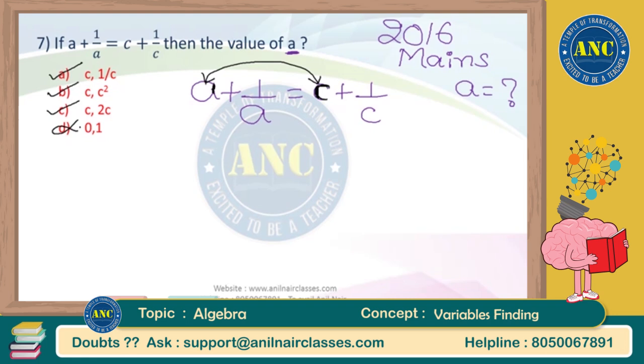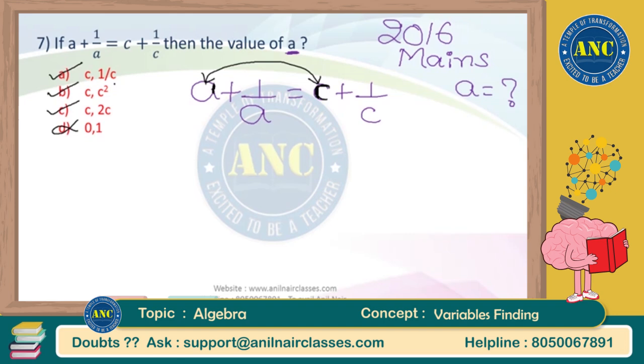So one of the options can be eliminated, but there is something called as comma in all the options. That means there is another value of C that they are asking you, and because of another value of C, you can eliminate the other two options also. Right now you can only have one option.